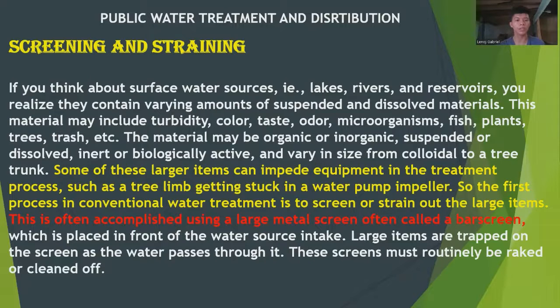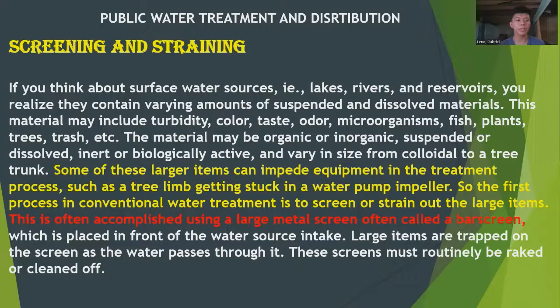Some of these large items can disrupt the treatment process, such as a tree limb getting stuck in a water pump impeller. So the first process in conventional water treatment is to screen or strain out the large items.